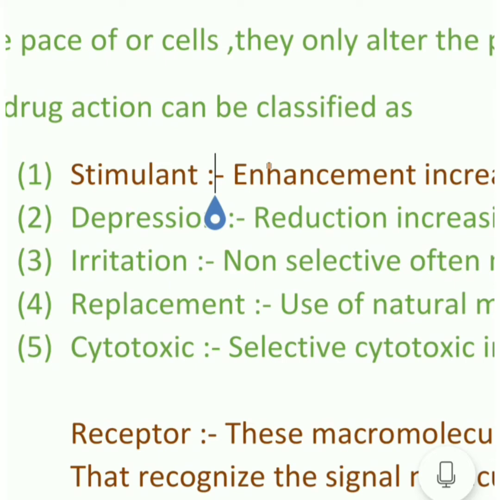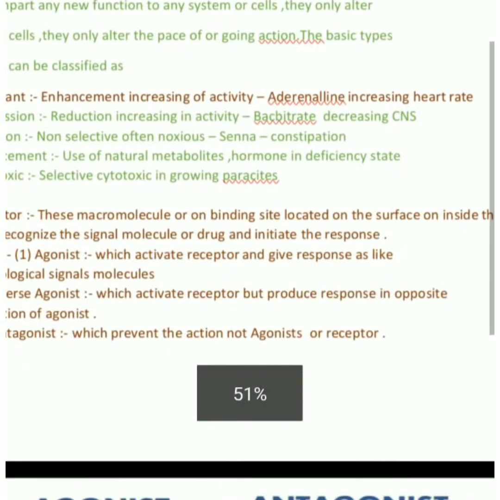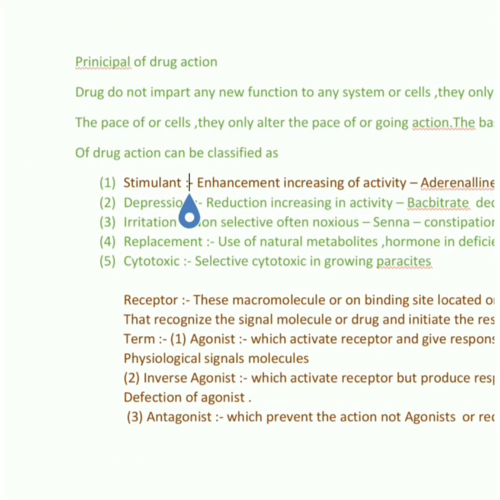So friends, drug actions have five classifications: stimulant, depression, irritation, replacement, and cytotoxics, selective cytotoxics in growing parasites.